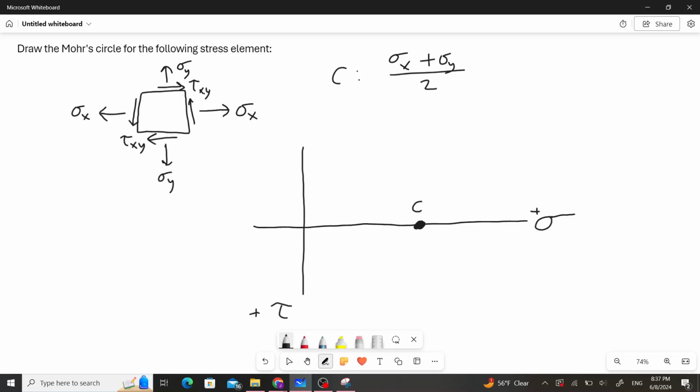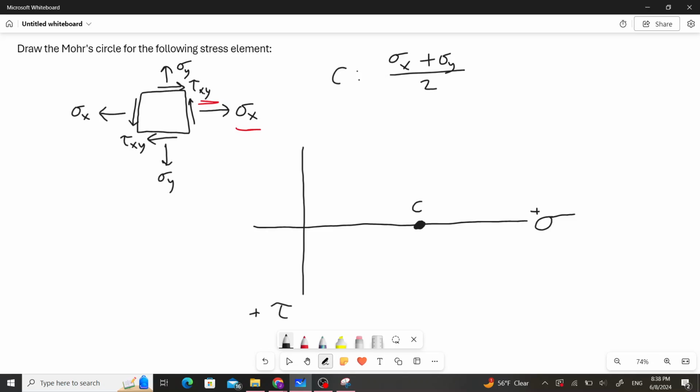Next, what we'll do is draw our x face on. We'll now plot the coordinates of our x face. On our x face up here, I'll highlight this in red, we have normal stress sigma x and shear stress tau x y, and both of those are positive according to our sign convention.